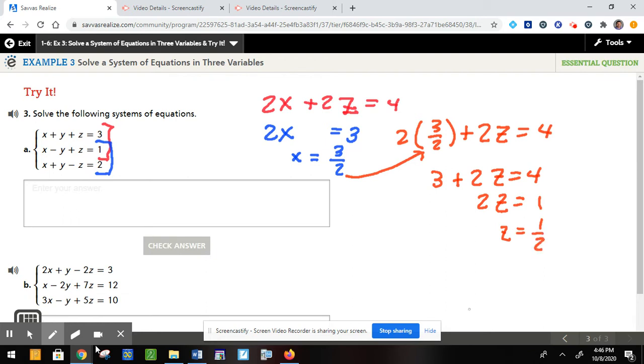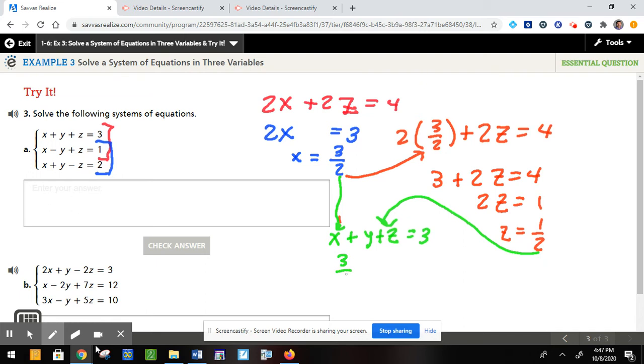All right, still need the y. Just pick one of them, doesn't matter. I'll take the first one. So x plus y plus z equals 3. All right, so my 3/2 I'm going to substitute in for x. My 1/2 I'm going to substitute in for z. And we'll solve for y.